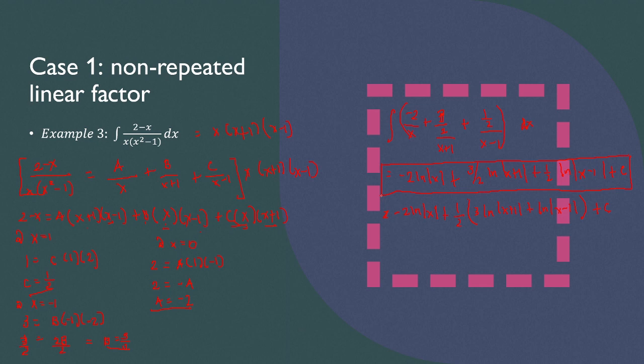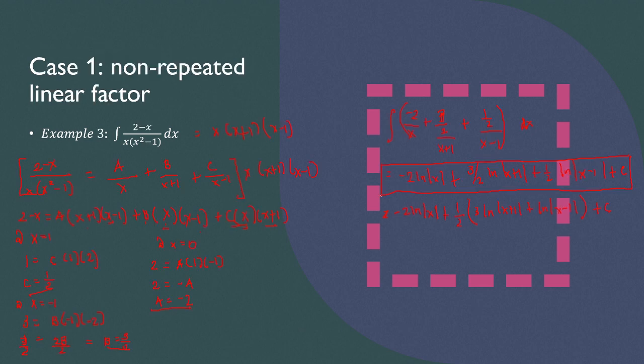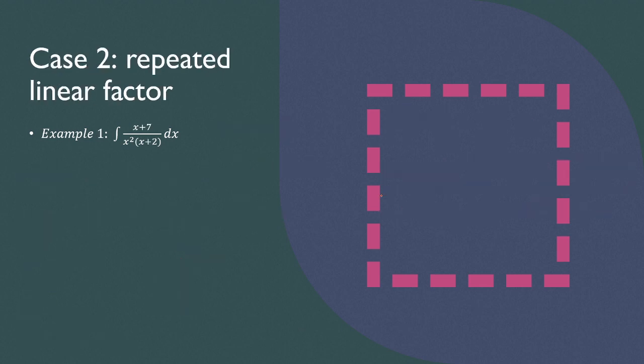Okay, so much for case number 1. Let's move on to case number 2, which is the repeated linear factor. From the word itself, repeated, then linear factor. For example, this one, our x repeats. If we rewrite that, that's the integral of x plus 7 over x times x times x plus 2.